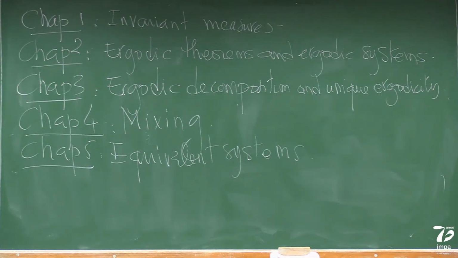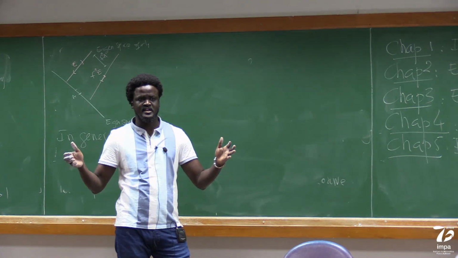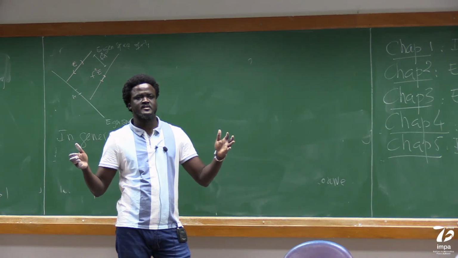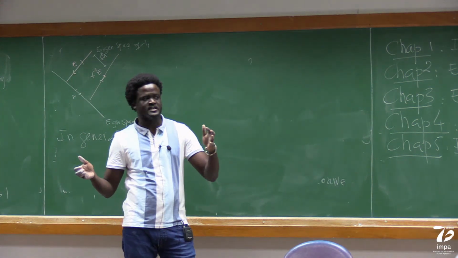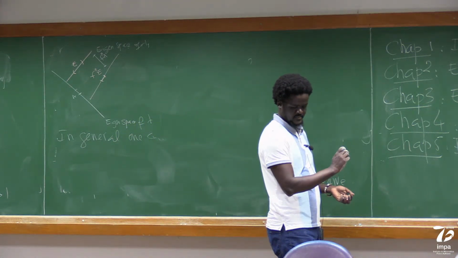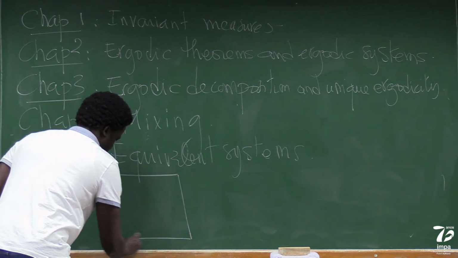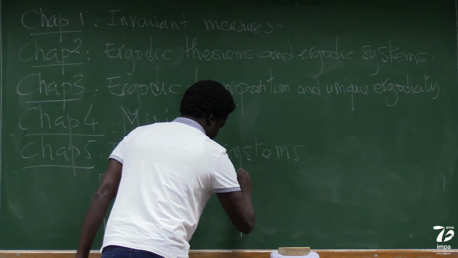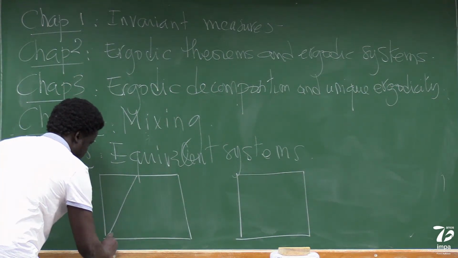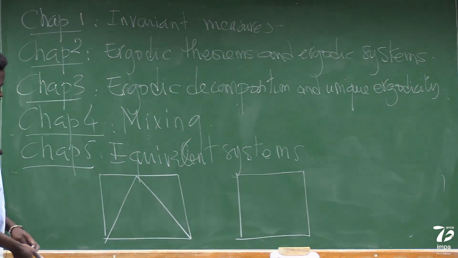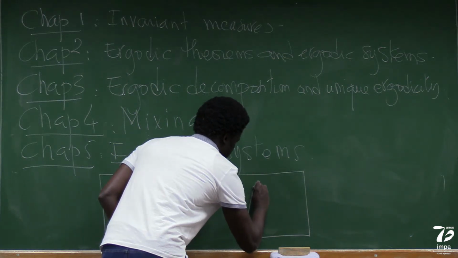This is also something interesting because sometimes you want to study a dynamical system, but this dynamical system is equivalent to something that is easier to study. So you just study the other. So I will just maybe draw this picture just as an illustration. So you can have on the interval these two systems. One is something that does this. So these are linear, and another one is something that is not linear.